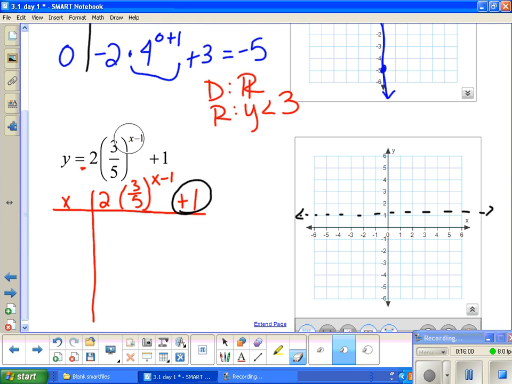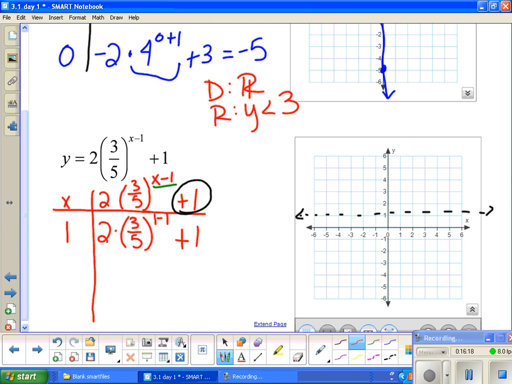So there's no reflection. It's just going to, this 2 will change our value. Well, again, I want this here to be 0, so I'm going to choose x equal 1. That's a nice, easy number. 2 times 3/5 to the 1 minus 1 plus 1. Well, now that's equal to 1 times 2 plus 1 equal to 3.